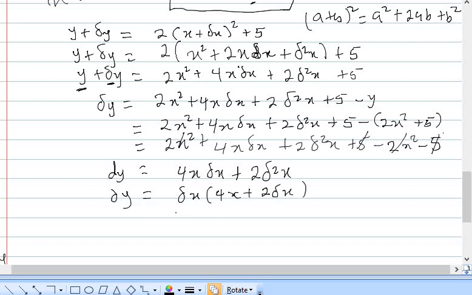We want to find dy by dx, so we can simply divide through by del x.